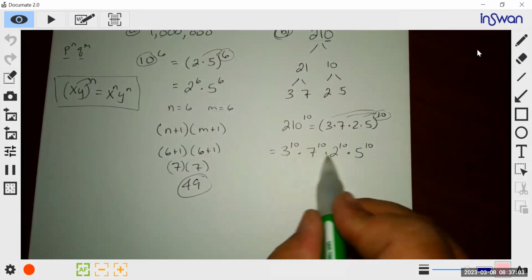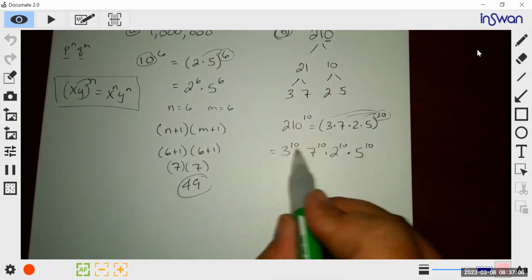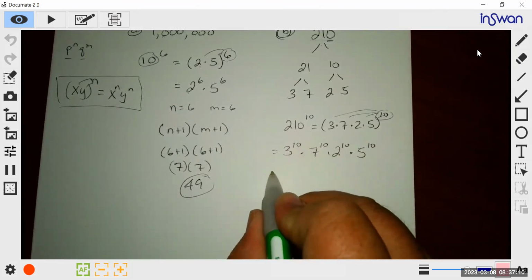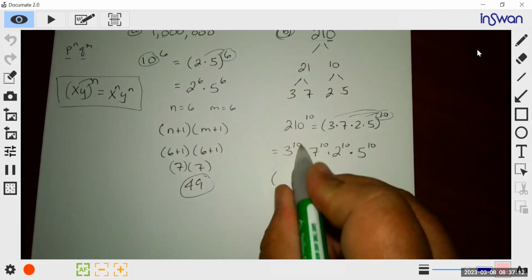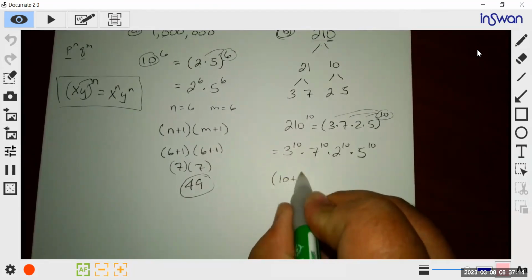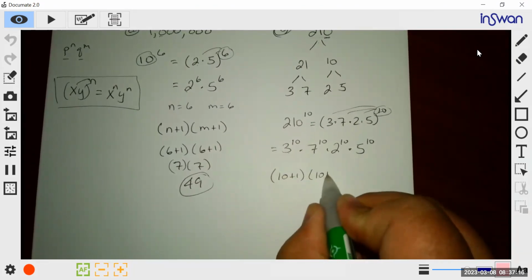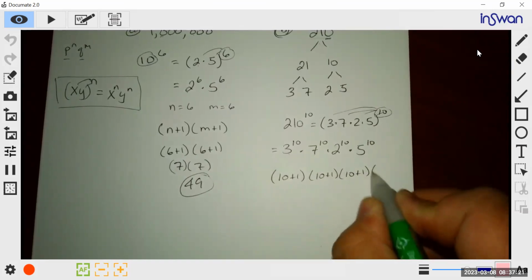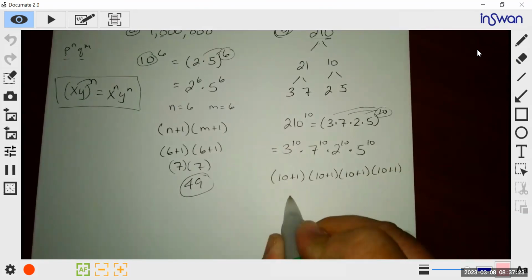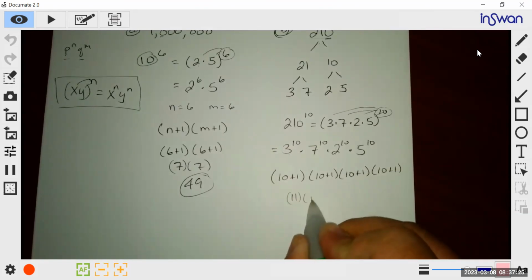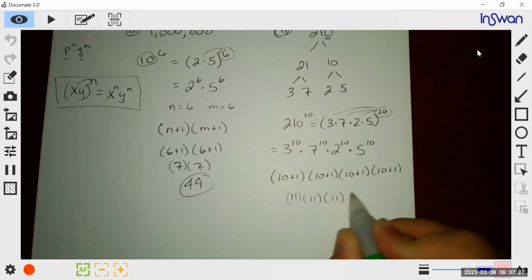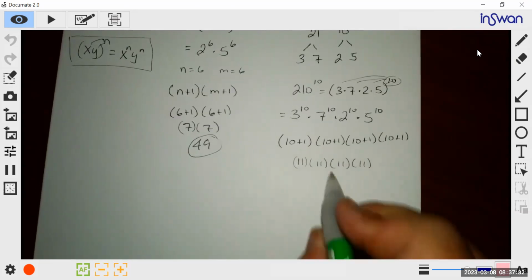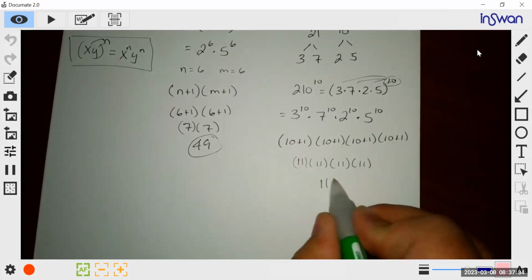So these are P, Q, R, S, whatever. To find the number of divisors, take our exponents and add 1. 10 plus 1, 10 plus 1, 10 plus 1, 10 plus 1, which is 11 times 11 times 11 times 11, which is 11 to the 4th.